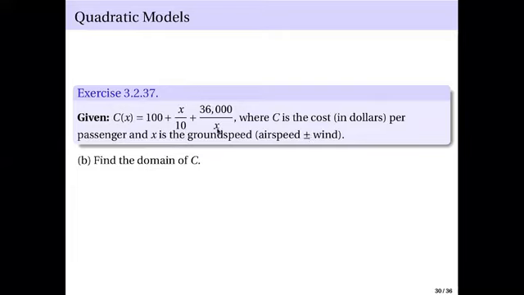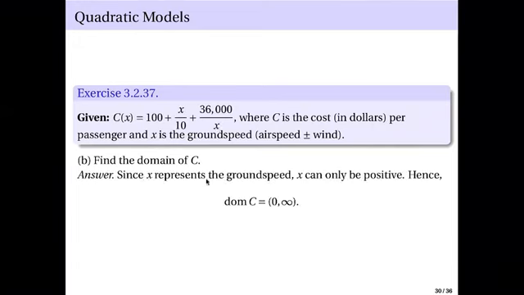But you cannot have x equals 0 because you have a denominator here. Therefore, since x represents the ground speed, x can only be positive. Hence, you have 0 to plus infinity as the domain of C. Okay? Questions?